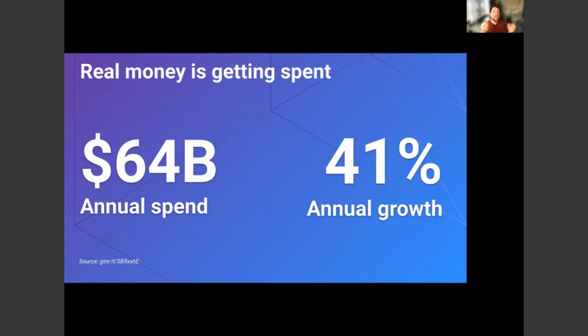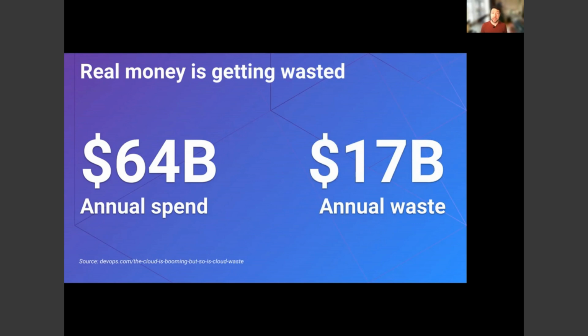There's things we need to spend money on, and there's things where maybe, wait, is this perhaps wasteful, right? So get that real money, that $64 billion of annual spend, that 41% annual growth. That's real money that's getting spent. But conversely, there's also real money that's getting wasted, right? And that has to be respected, right?